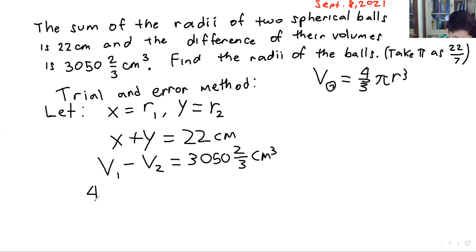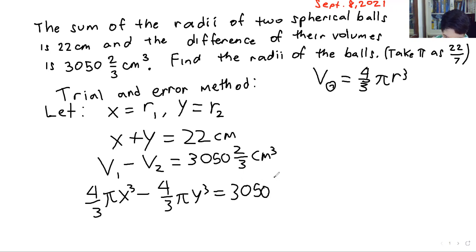That's 4/3 pi x cubed minus 4/3 pi y cubed, all equal to 3050 and 2/3. For the sake of simplicity, I won't be using the units anymore. Just put them back later, don't forget to put them back.